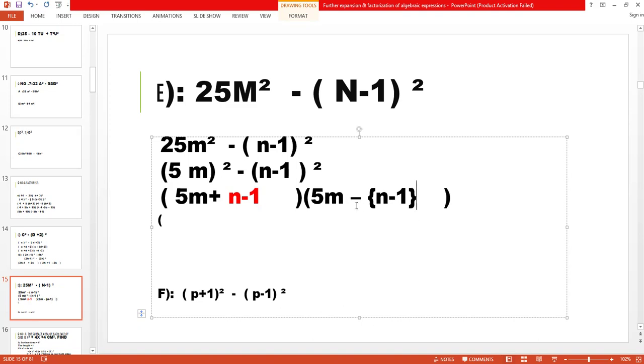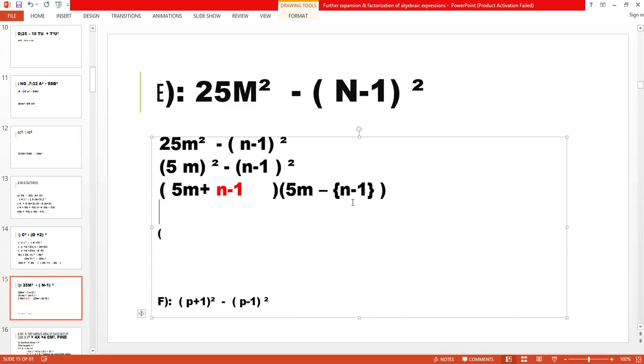Now you have to open. How do you have to open? You have to multiply this minus with both of these two. So again, first I have to write the first bracket as it is, because we have already solved this. So now we have to write the second. Now I have to open this. Okay.